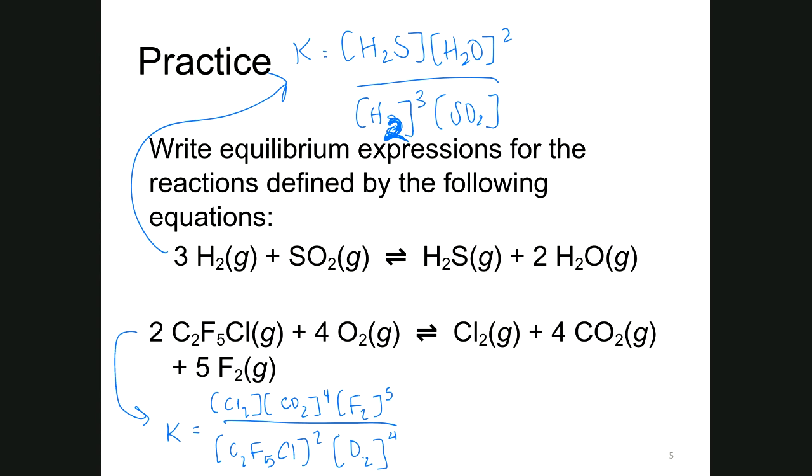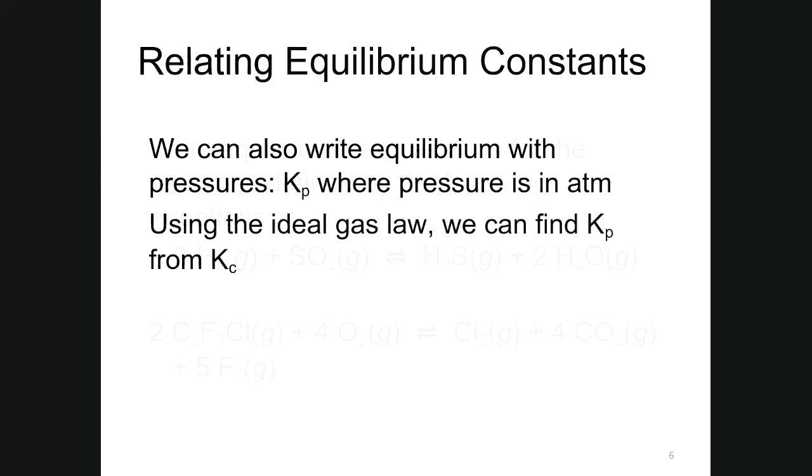Now it's possible that we could be looking at Kc and we want to know the value of Kp or vice versa. These two numbers are going to be different because a pressure and a concentration are not necessarily the same amount. So we can relate Kc and Kp using a formula. Remember, Kp is our pressure, Kc is our concentration.